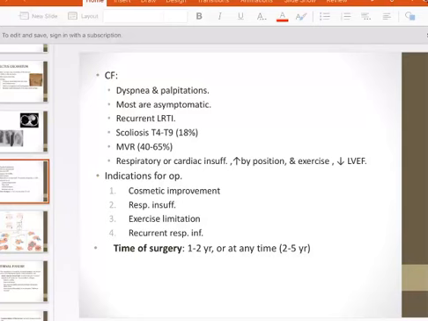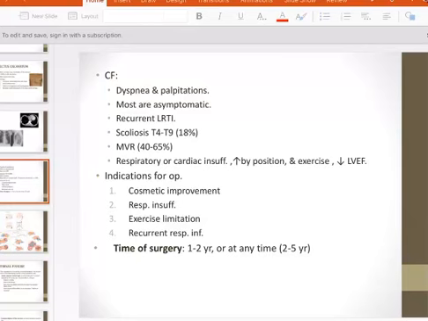Respiratory or cardiac insufficiency increases with position, when you are kneeling down, or when exercising. The patient starts to have dyspnea, maybe due to compression and a decrease of the left ventricular ejection fraction.